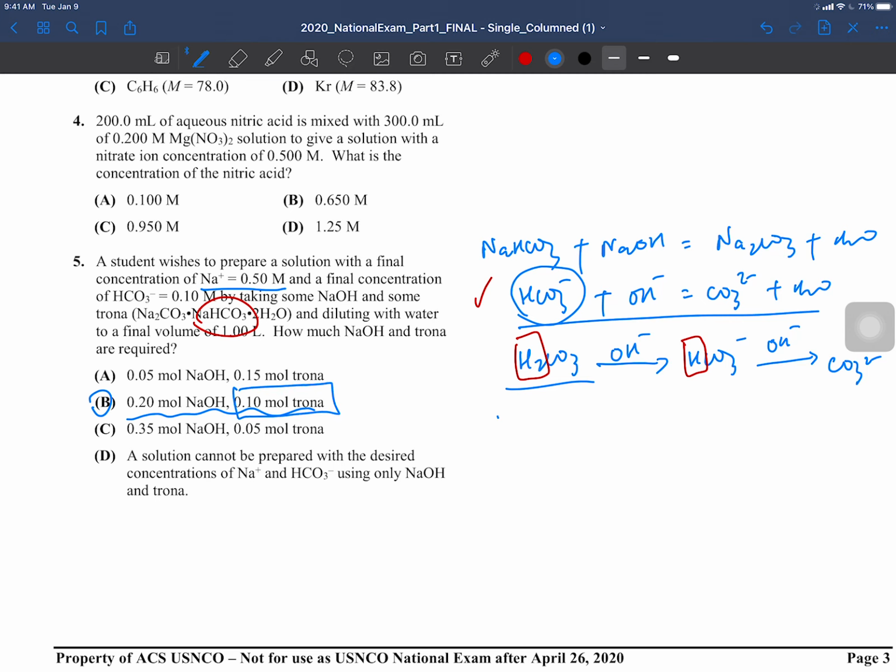For sodium, it will be 0.20 plus 0.10 times 2 plus 1. 2 is here, 1 is here, right? And then divided by, what is the volume? 1 liter. So I think you are supposed to get 0.5.